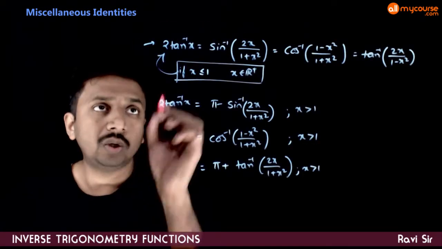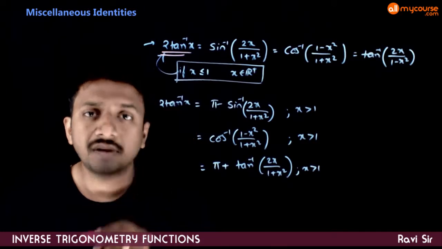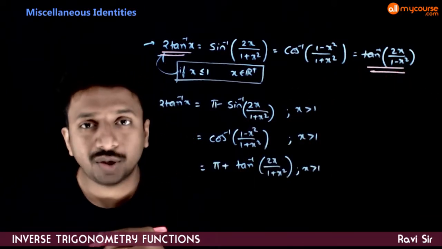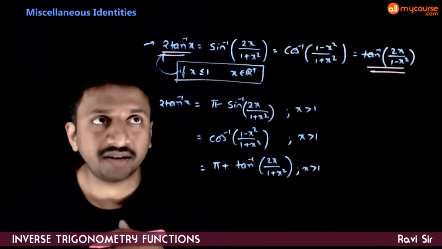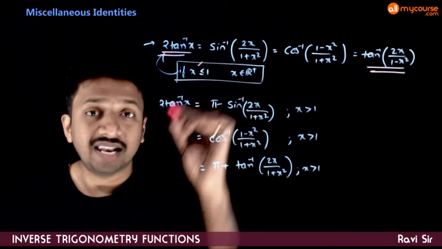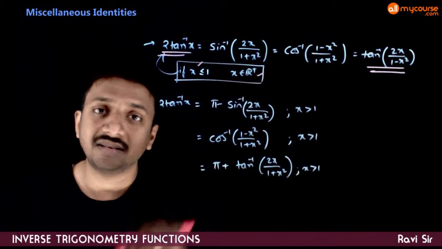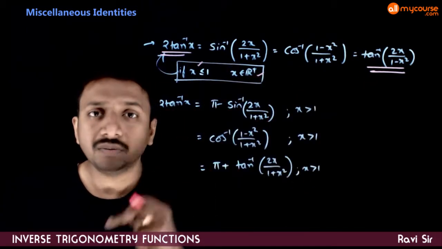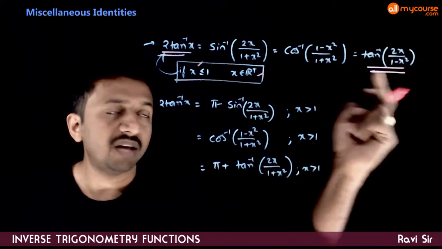Next, 2 tan inverse x, as we have seen, is equal to tan inverse of 2x by 1 minus x square if x is less than or equal to 1 and x is positive.